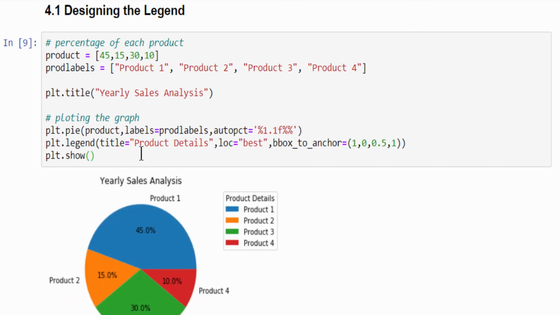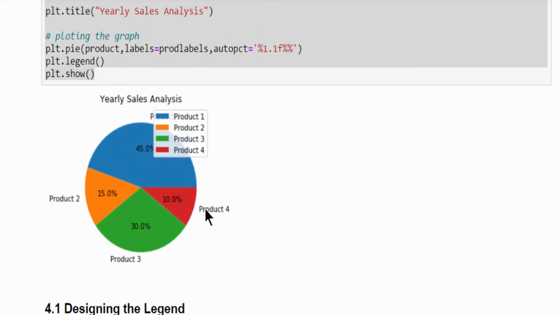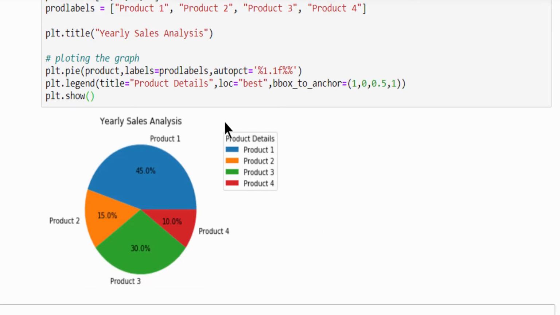Let me execute. It looks even much better than this particular one. So what we did here, we added this product details and the location and exactly where it should look. So these two are important parameters.